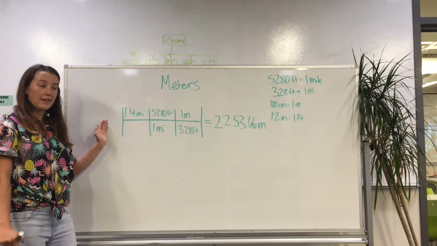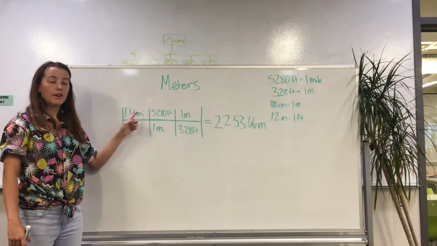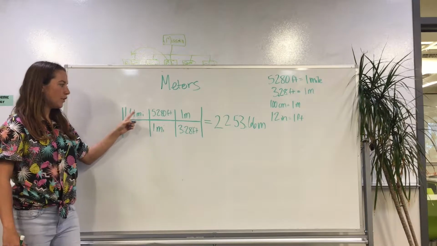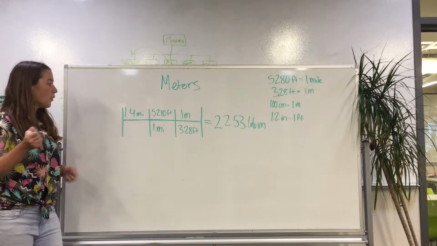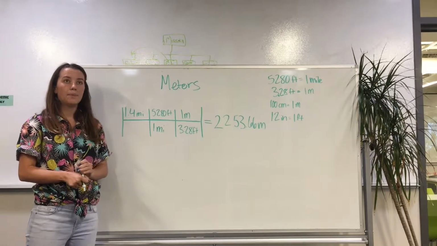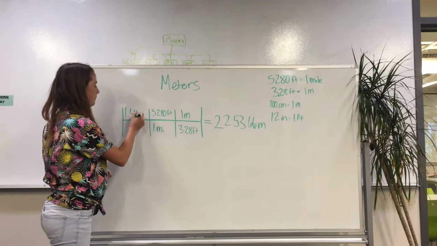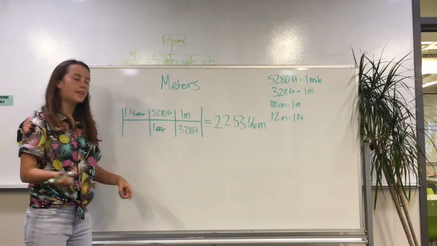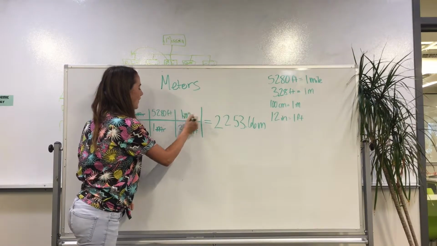I have the conversion laid out here. We start off with 1.4 miles. We know that in 1 mile, there are 5,280 feet. And we know that in 1 meter, there are 3.28 feet. So we can cross out the units that are canceled by division, miles and feet.